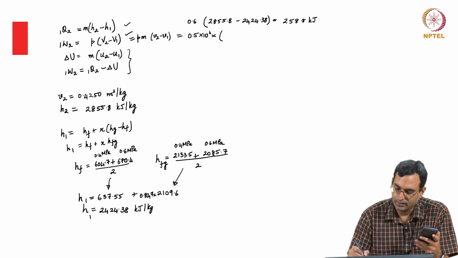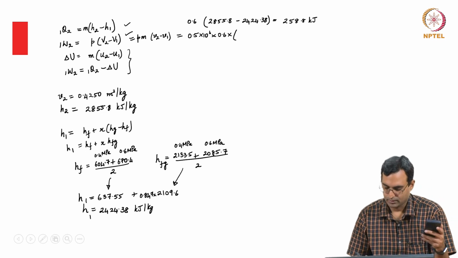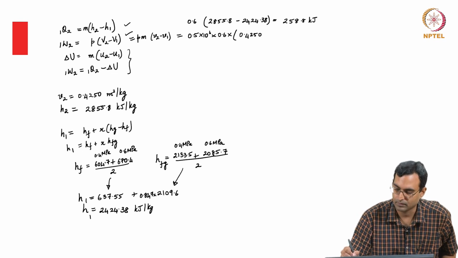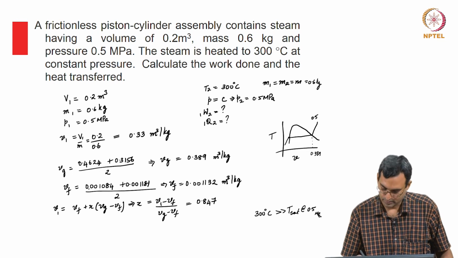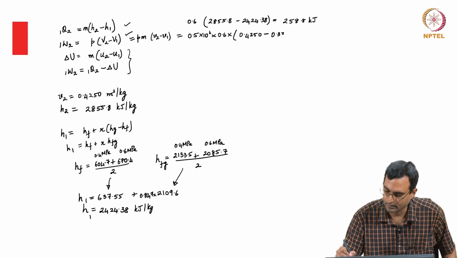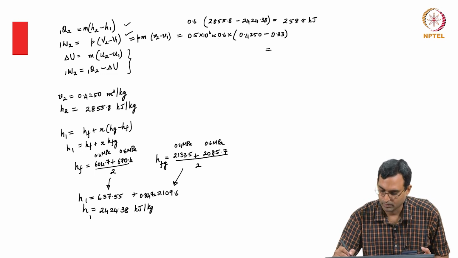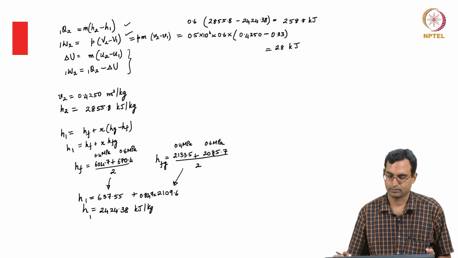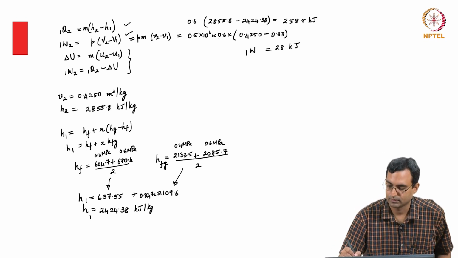I have the specific volume as 0.4250 and V1 I had from here as 0.33. Which is 28 kilojoules. So, this is essentially what we get as the work and heat transfer.